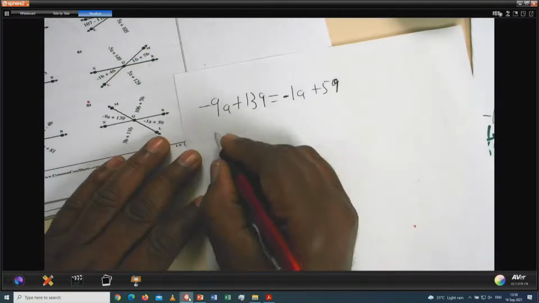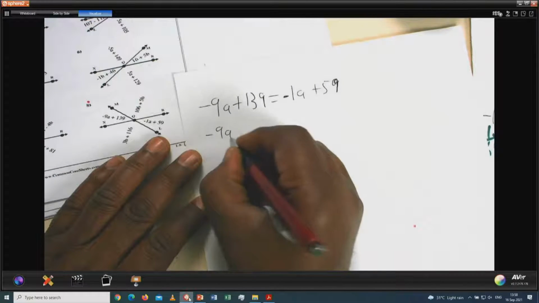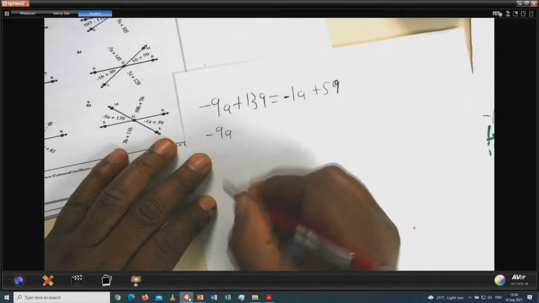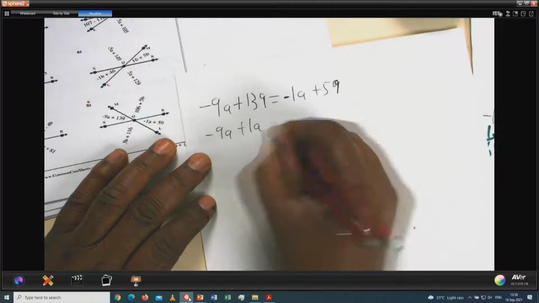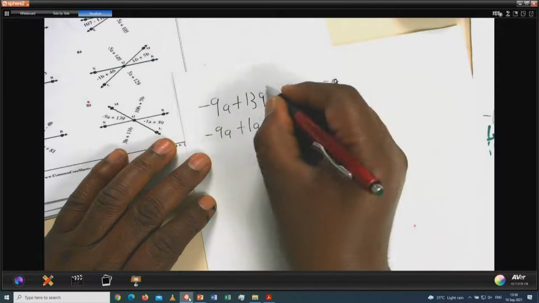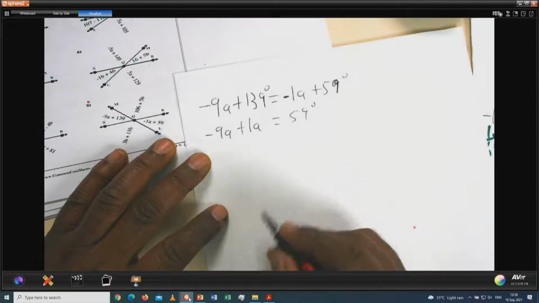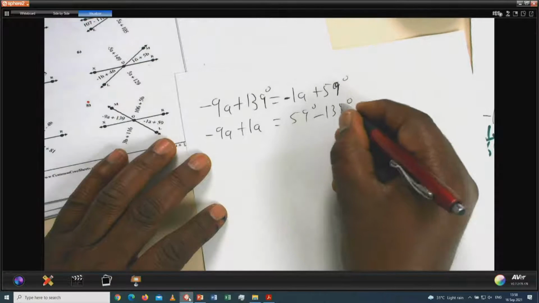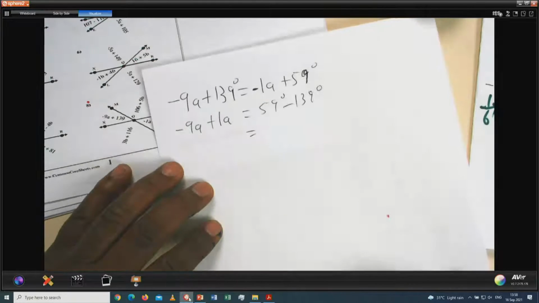Good. Once more, variables on the left. This one does not change the sign because it remains the same. This one comes to the right, therefore the sign will change. 59 degrees, because it's not moving, it's not changing. 139, because it goes to the left, the sign is changed.